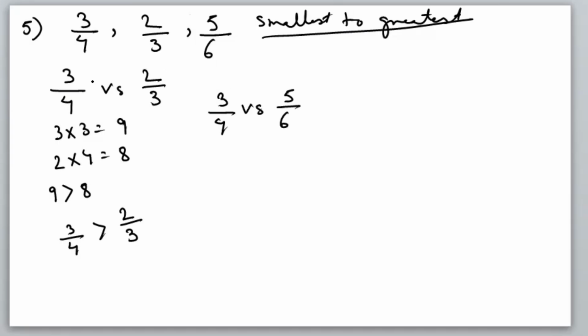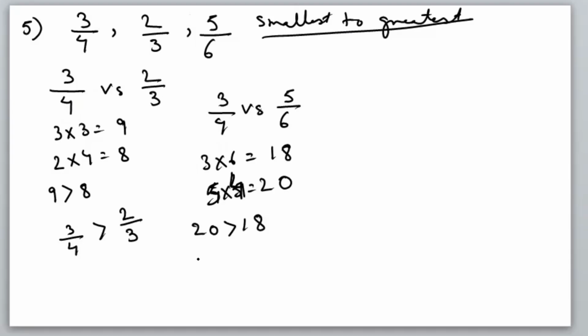Because for these two we already know that 3 over 4 is greater than 2 over 3. Now 3 times 6, it will be 18. 4 times 5, it will be 20. Because numerator will be multiplied with denominator. And 20 is greater than 18. It means 5 over 6 is greater than 3 over 4.